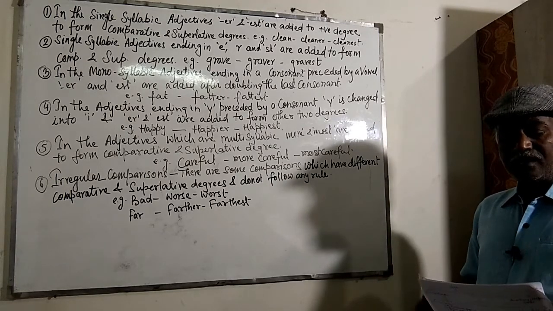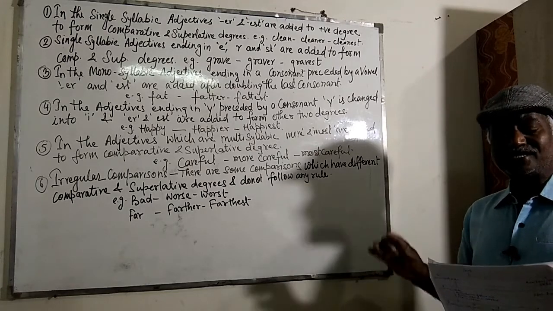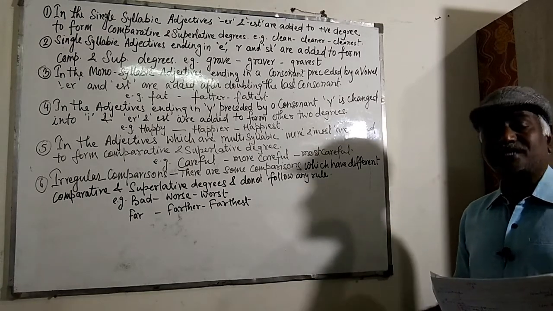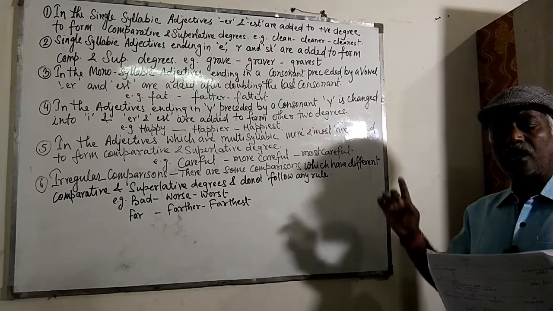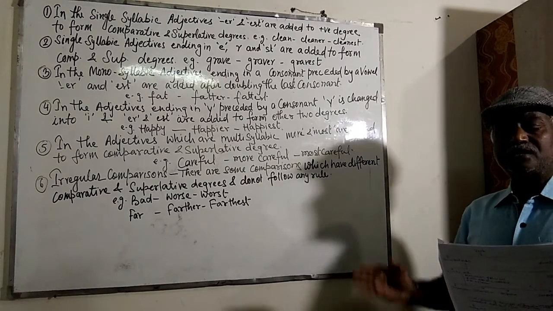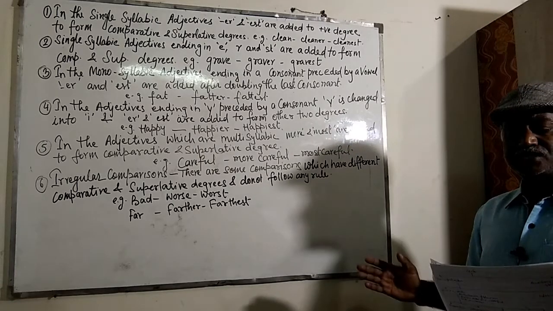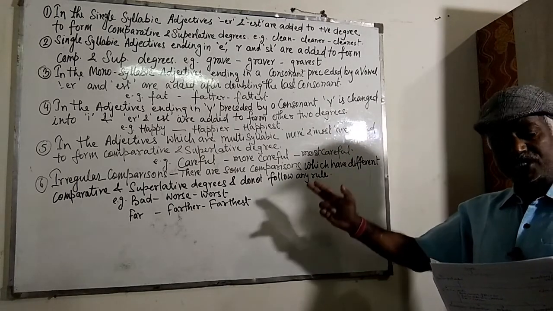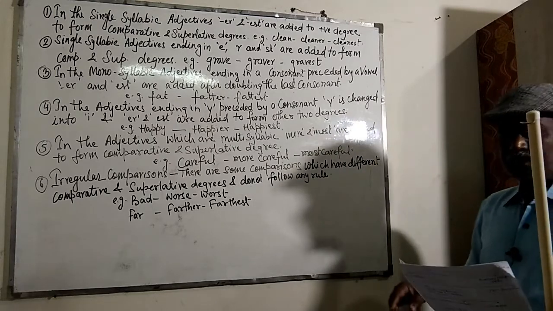For example, Rakhi is the stronger of the two sisters. Of these two cars, that is the costlier. The is being added before the comparative degrees.